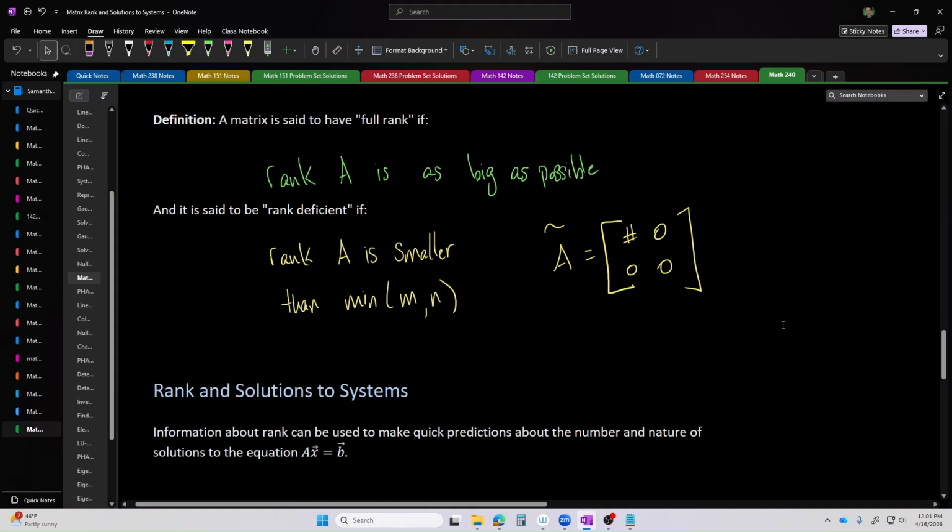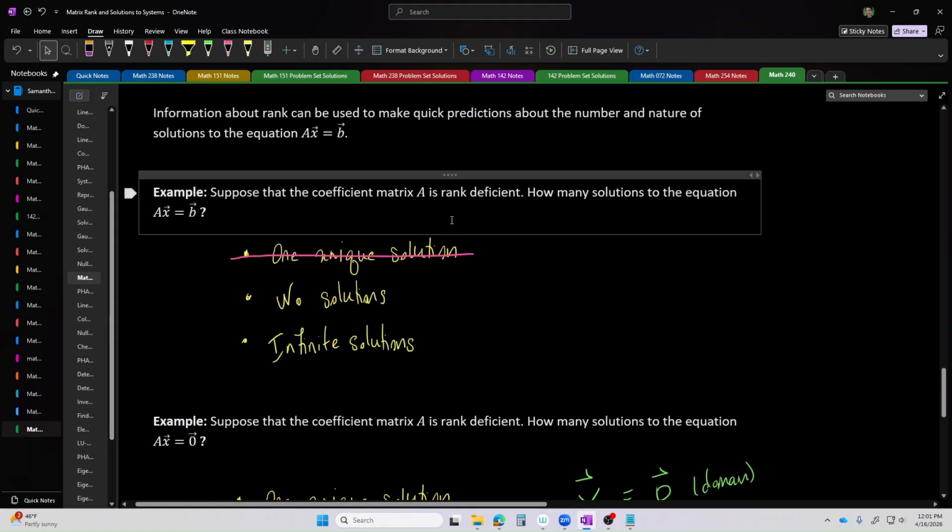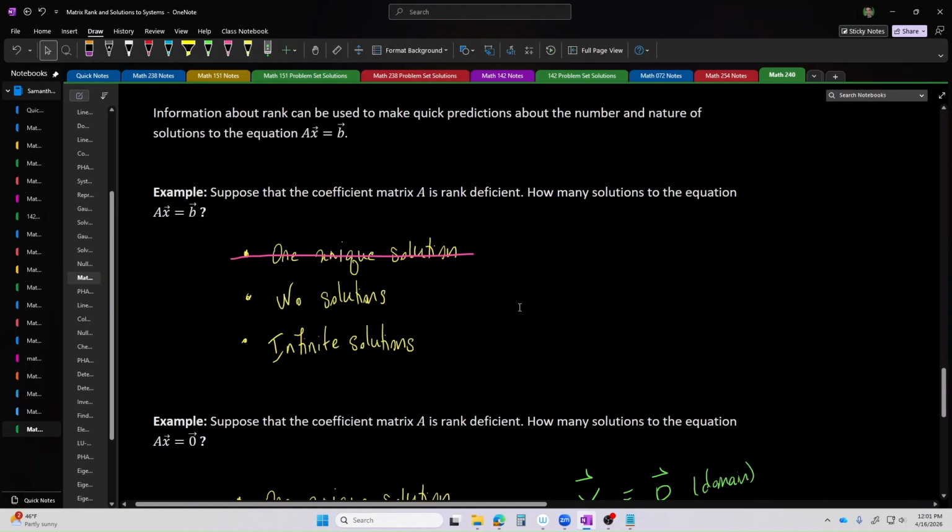And what you see happen is that when you're dealing with a rank deficient matrix, you end up with kind of weird solutions to matrix equations. A rank deficient coefficient matrix means that you're going to end up with either no solutions or infinite solutions to the system, depending upon whether your outputs column ends up having a pivot inside of it or not.